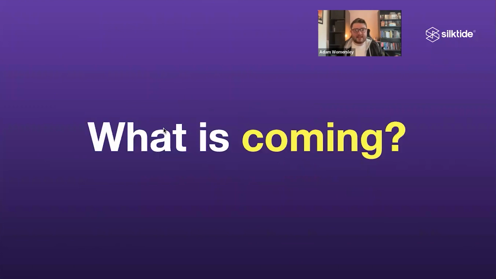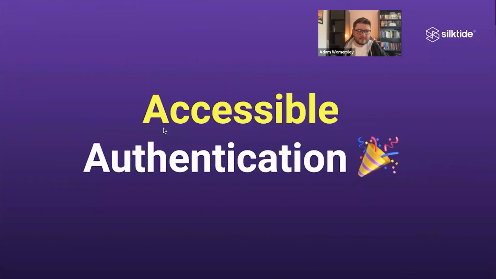My colleague Jess has already done a webinar with our partners over at Soccer Team about everything that we know is coming in WCAG 2.2, so you can go ahead and check that out if you want everything in depth. But in this webinar, we're just going to speak about some of the big ones, as well as some of the recent changes that have taken place since then. And although there are obviously AAA variations, we're just going to be looking at the AA success criteria in this webinar. So first up, let's look at accessible authentication.